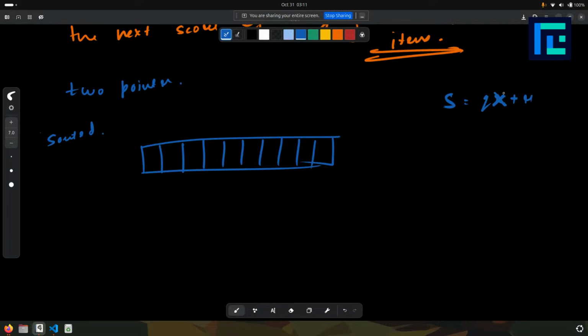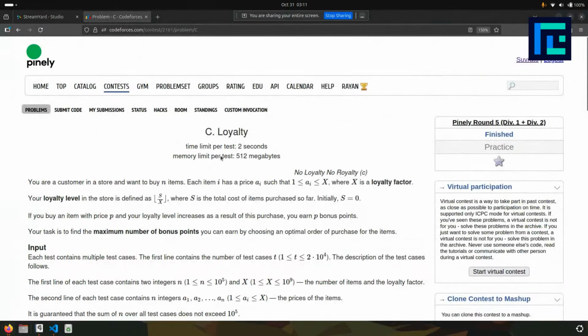QX plus R. So this R will be the remainder when we divide S by X. So if we are at a point like this, we need X minus R more. What is S actually? What do we call S? Loyalty level.